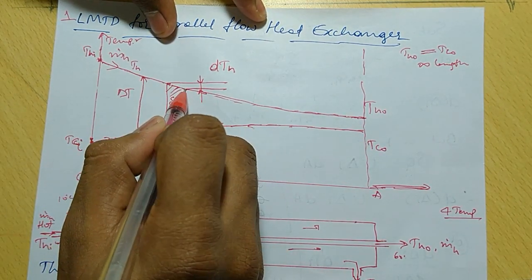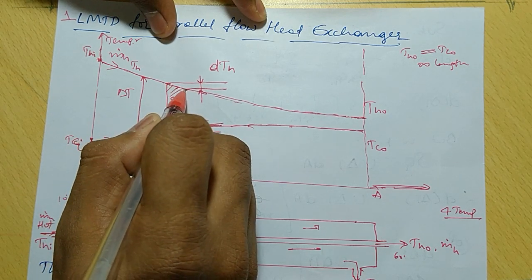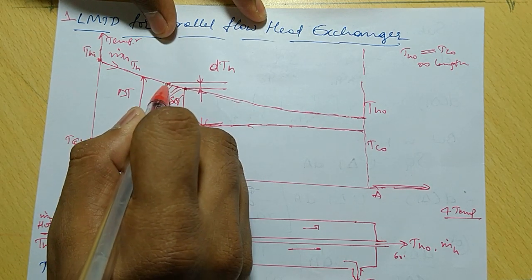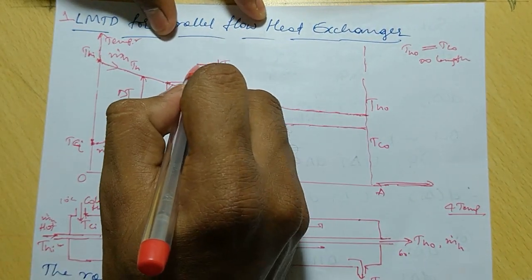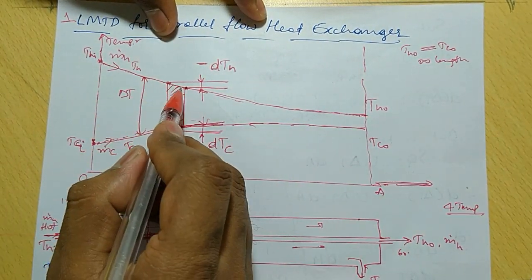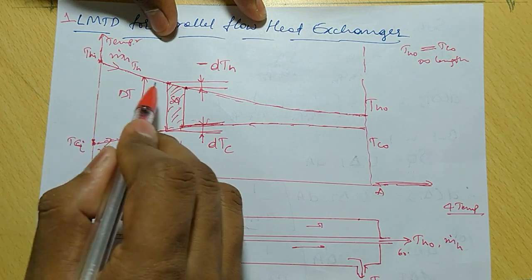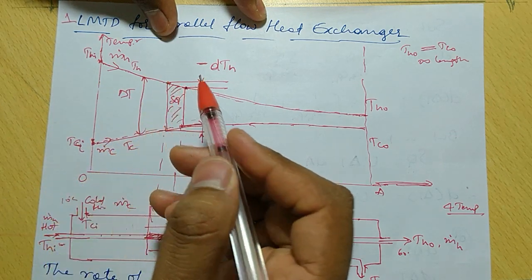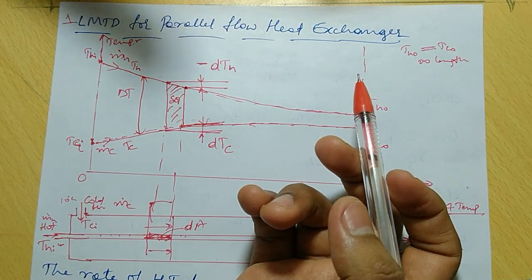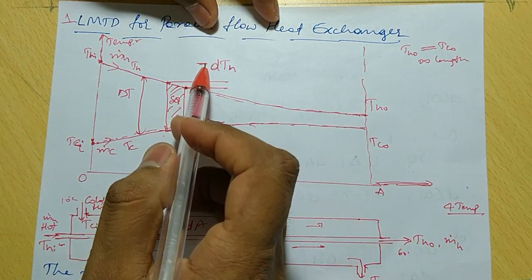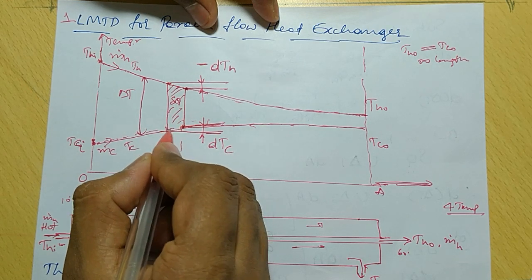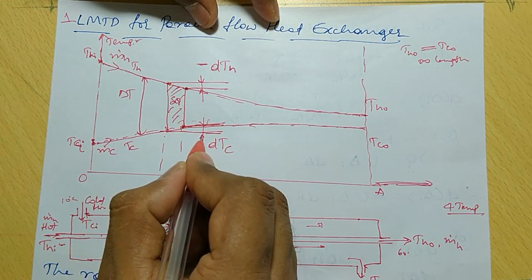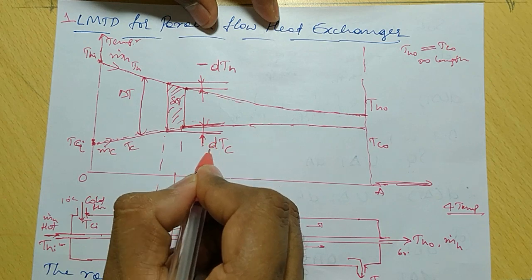DTH means this final point minus initial point. While doing this you will get the negative sign, because lesser value minus higher value gives a negative quantity. In the same way, the difference of this one and this one is a positive quantity, plus DTC.